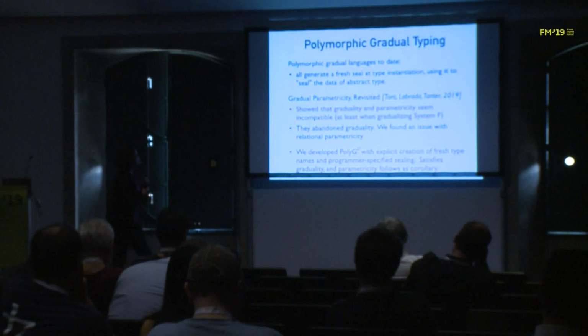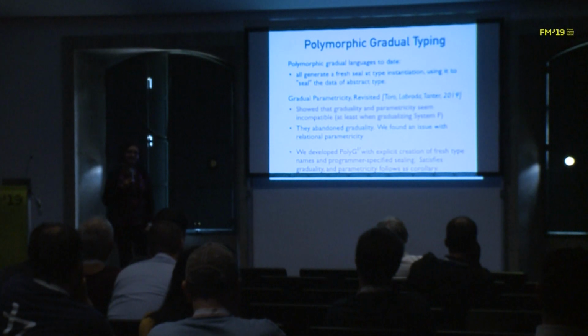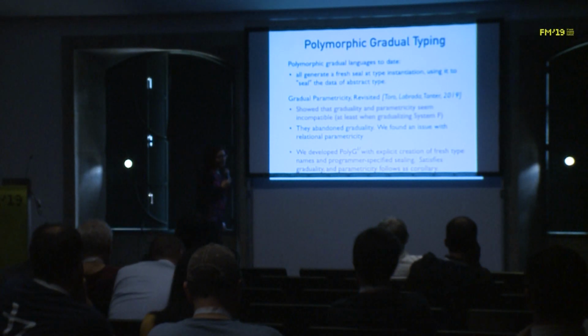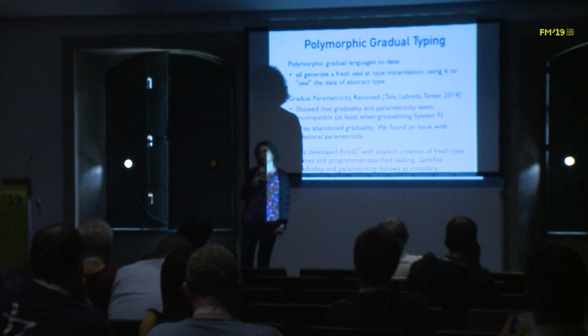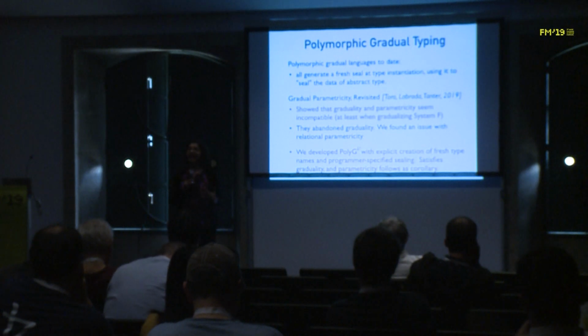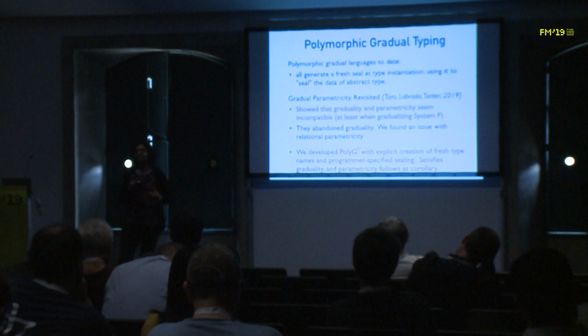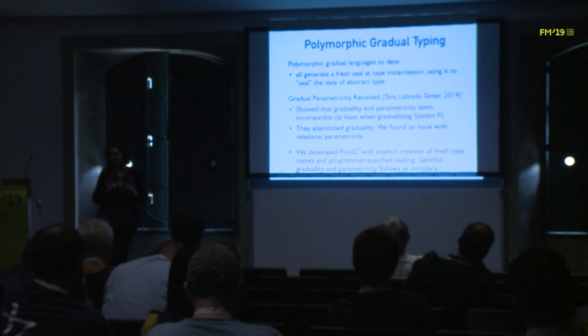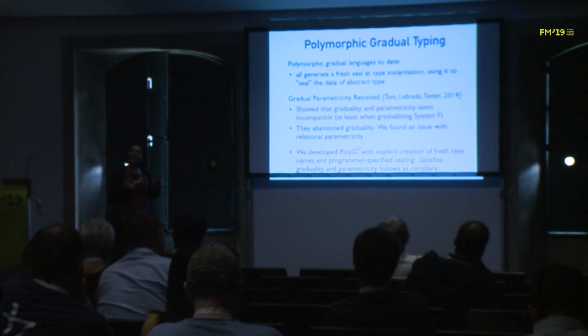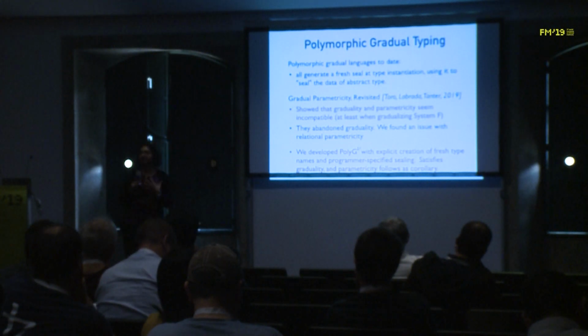Well, let me just go into it. So, I should have staged this. Let's focus on the first bullet. So all of the work to date has basically taken the following approach. In a gradually typed setting, you have a type abstraction, and you want to ensure that that type abstraction deals with whatever input, so let's say it's a for all alpha, alpha to alpha, that it deals with inputs of that type alpha in a way that the function body doesn't actually inspect them.